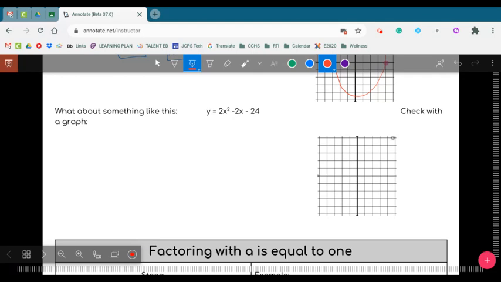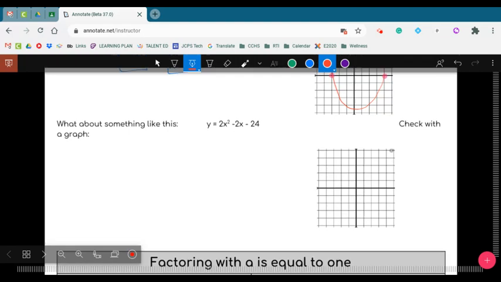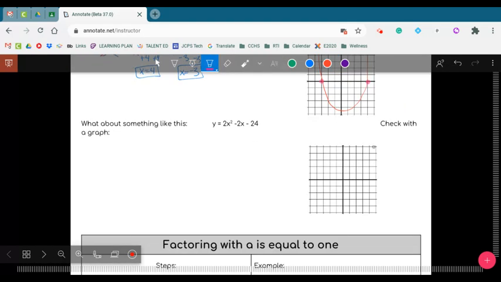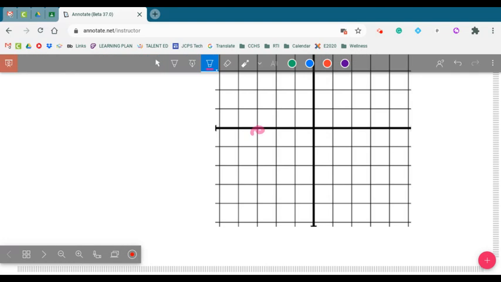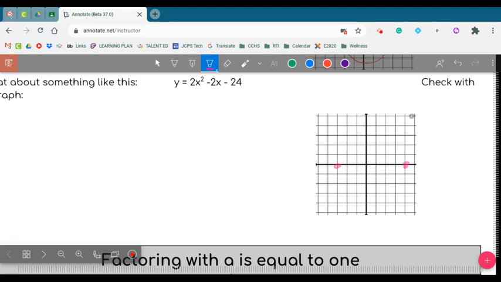And if you graph it, you can see the x-intercepts are negative 3 and 4. If I said negative 3 and 0, I'm sorry, you guys. And this would be our quadratic.